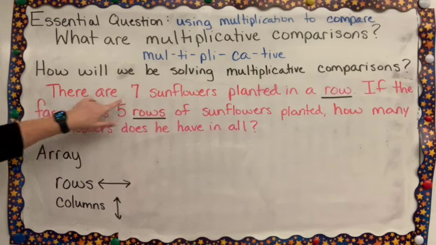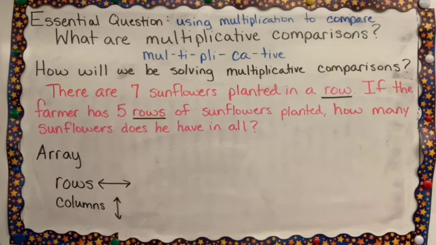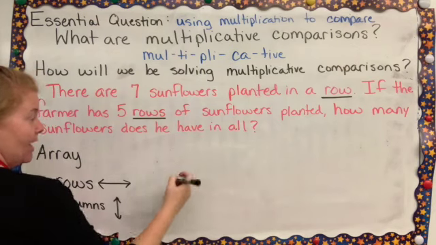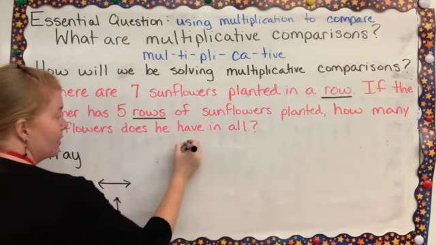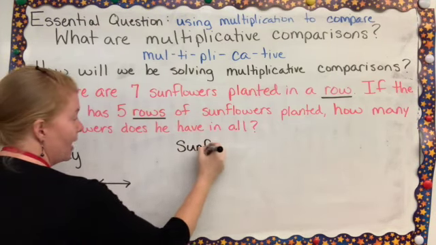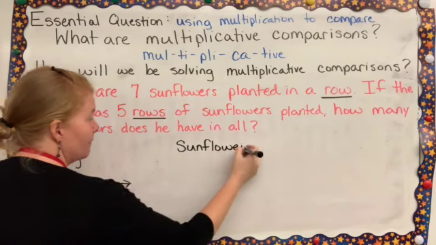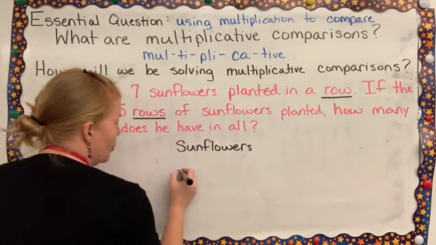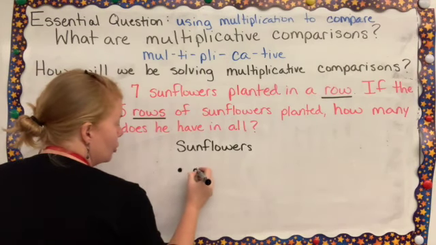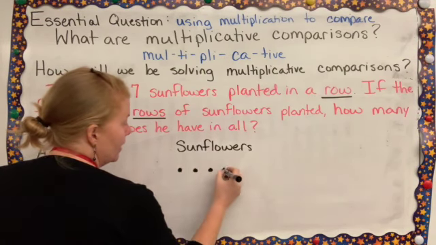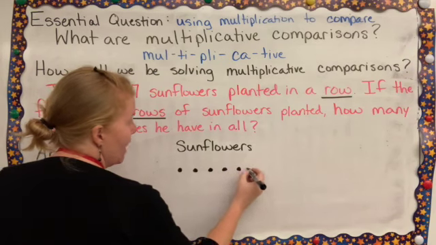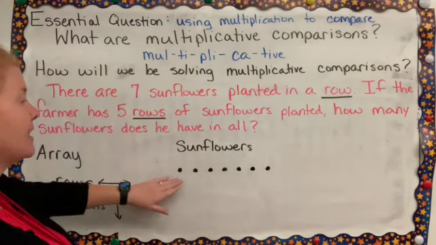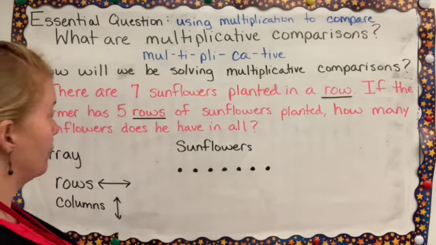So we have 7 sunflowers planted in a row. So my rows are going this way, so I'm going to have sunflowers. I'm going to give myself a label. These are my sunflowers. And I have 7 planted in a row. 1, 2, 3, 4, 5, 6, 7. I have 7 planted in a row.